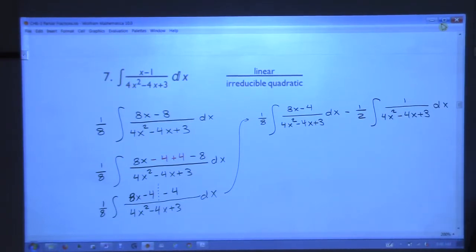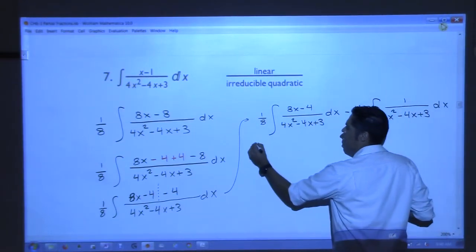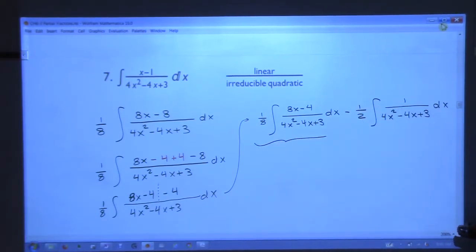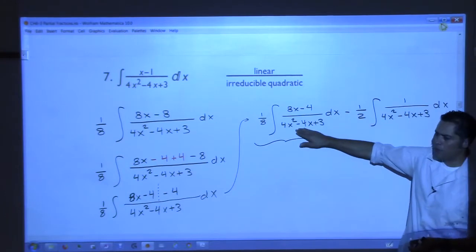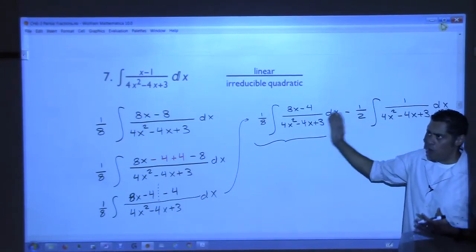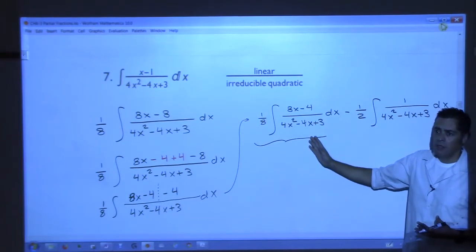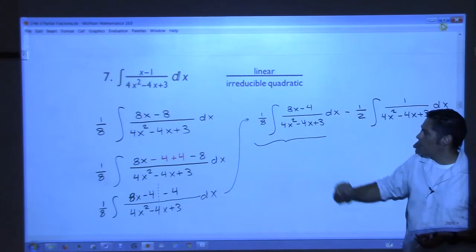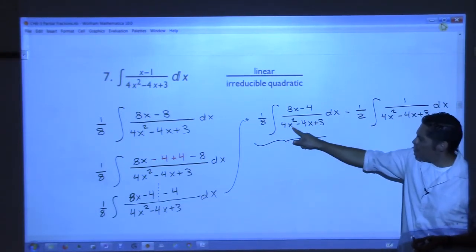So I'm ready to keep going here. All right, let's do this one right here. This one we should be able to do without doing any work. We know that this is u, and we know the top is du. So this is just 1 over u du, so natural log of u. But then we have the 1/8 out front. Do I have to compensate for the 4?